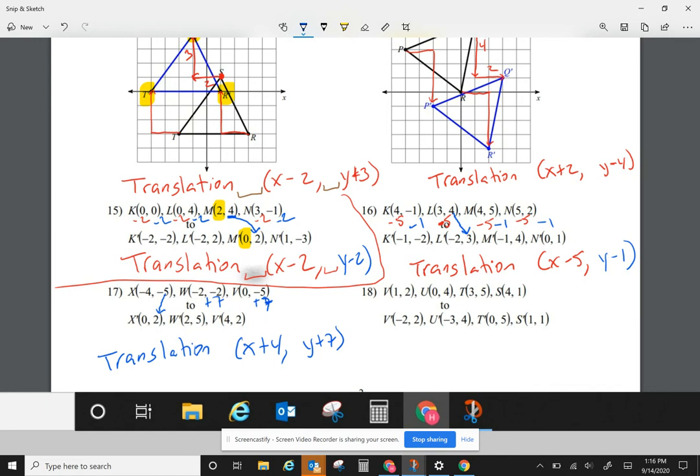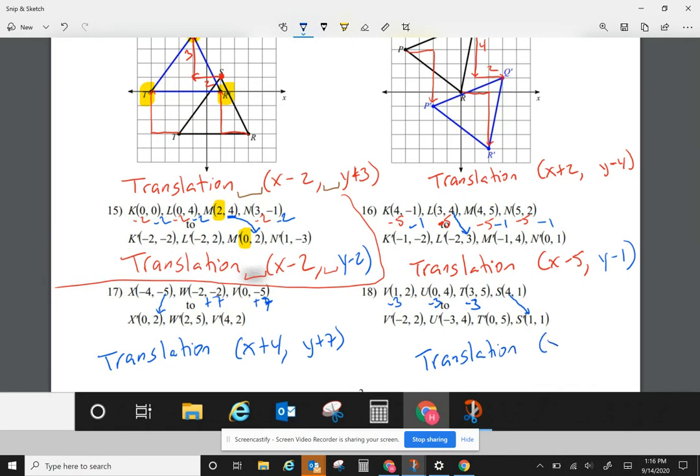Now let's take a look at number 18. Start from any point you want. I'm going to follow my point S. From 4, it has to become 1. In order for it to become 1, I have to subtract 3. Check that it works for every x value. And it works. Okay, so I have the translation.